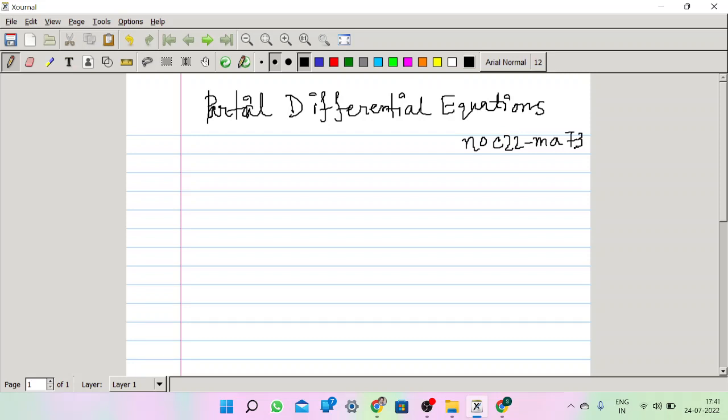So now I will solve some problems from partial differential equation. Let me first begin with a boundary value problem from ODE, ordinary differential equation.